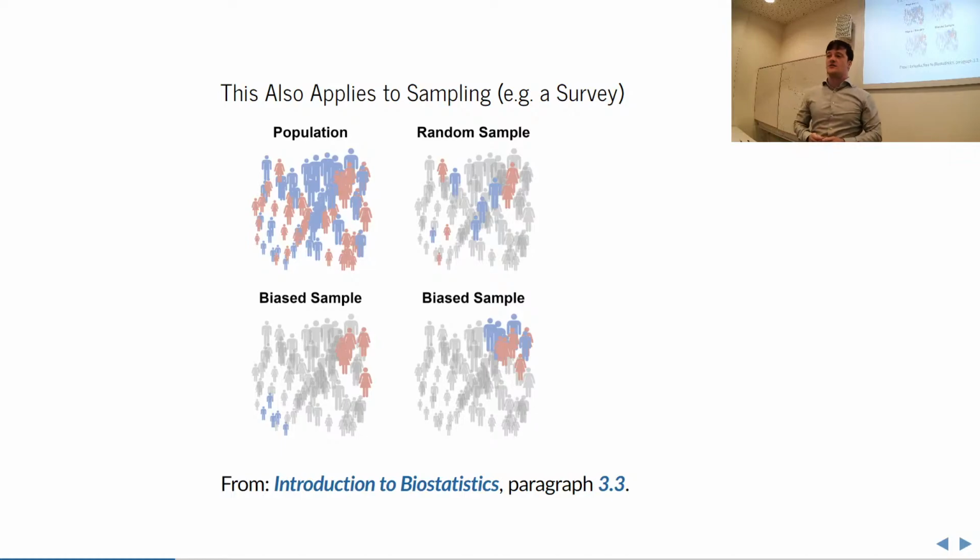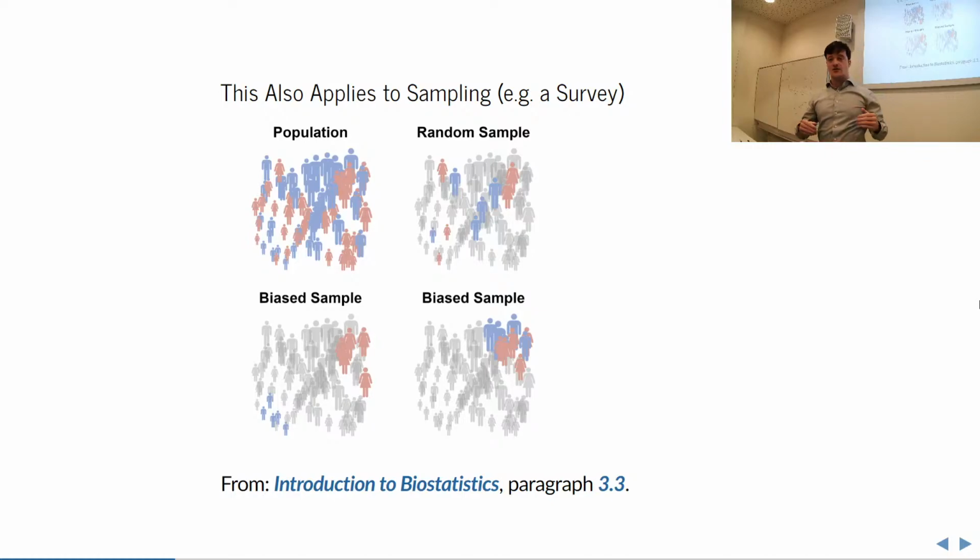If you say, okay, I'm just going to ask my friends and my family to fill in this survey because it's easier, then that is kind of like this situation. It's only drawing a sample locally to those close to you, and those close to you will probably on average be different than the entire population. So you are introducing a bias by doing that.